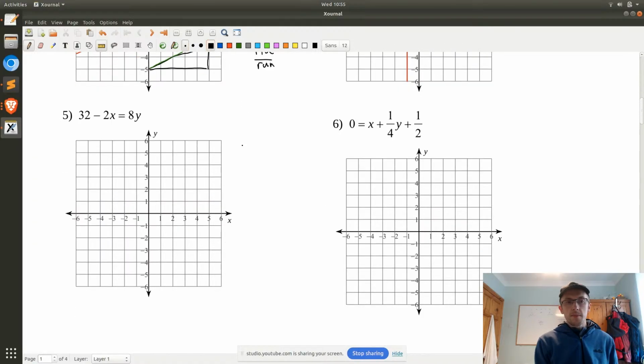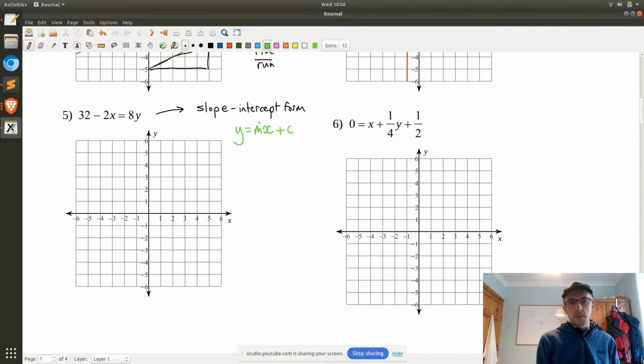Next problem. 32 take 2x equals 8y. You've got to get it in slope-intercept form. That's the way to do it. Why is it called slope-intercept form? First, we'll write out the general version of it, the template.